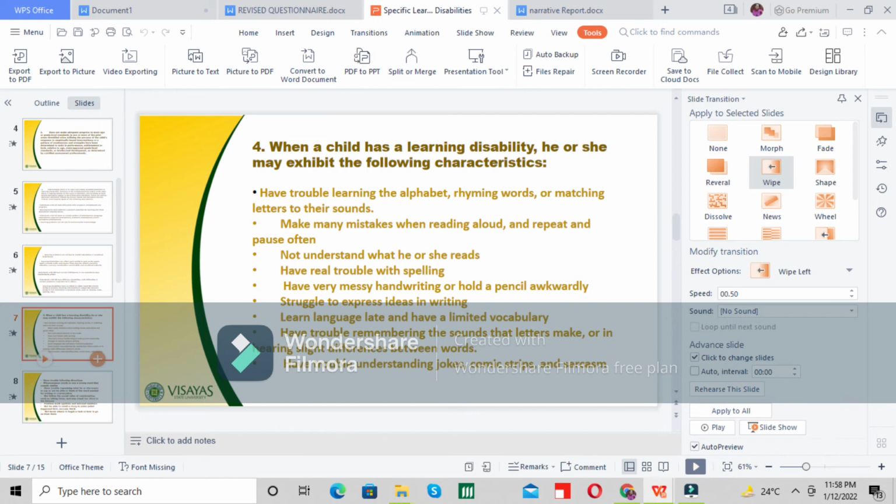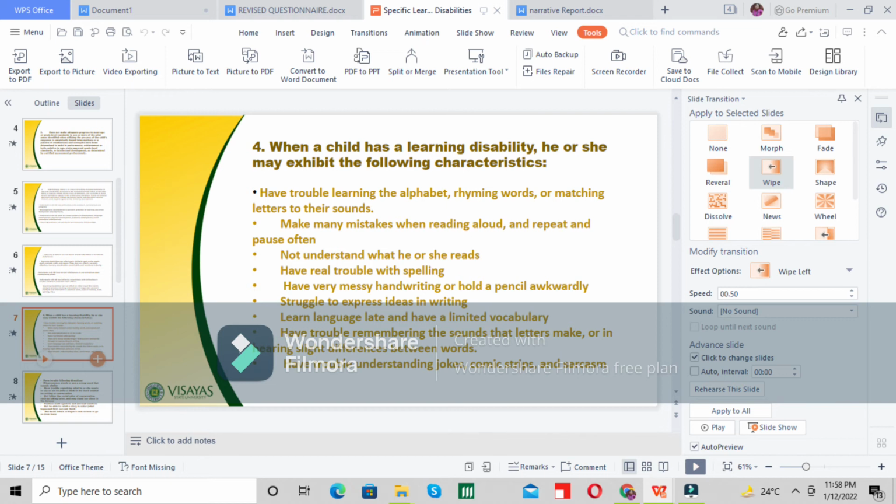Have real trouble with spelling. So probably the spelling or the words or the letters are scrambling while the person is thinking about them. So that's why they misspell. And there are some who have very messy handwriting or hold a pencil awkwardly.